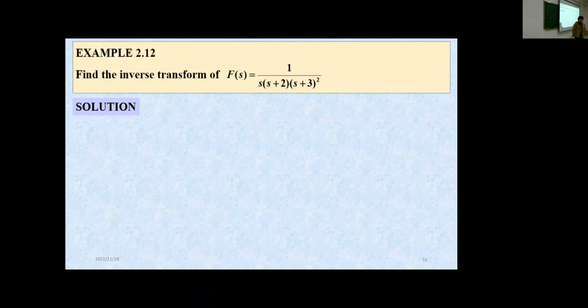Friends, how to deal with the repeated pole? How many parts should we divide this into?